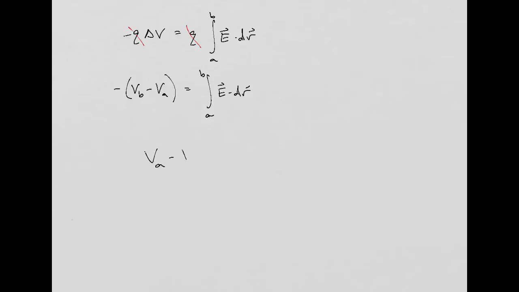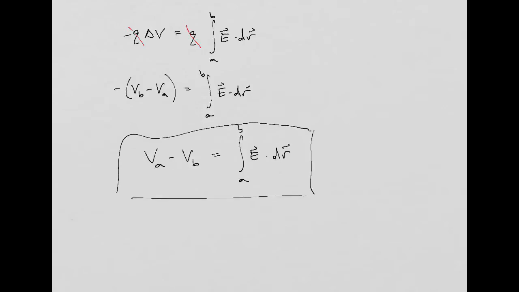It's VA minus VB is equal to the integral from A to B E dot dr. So now we've got an equation that relates these two quantities.